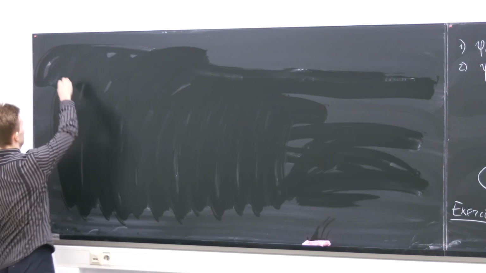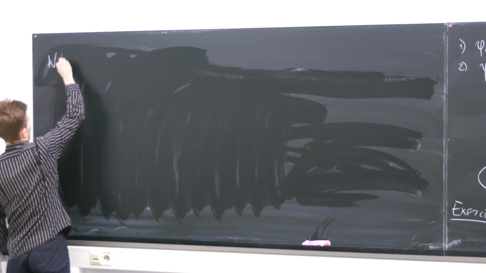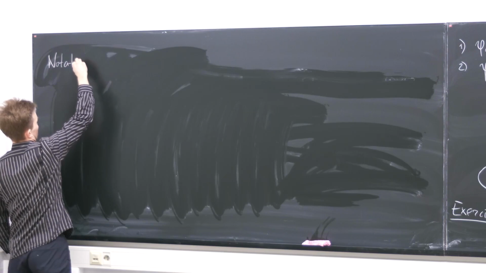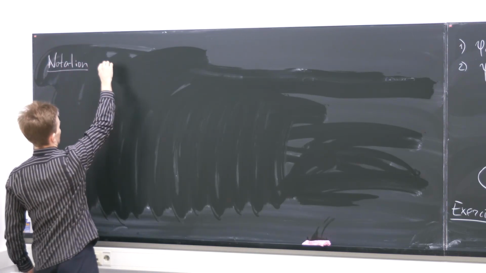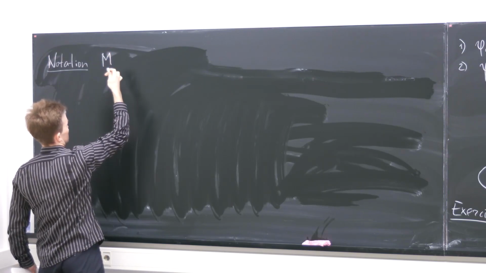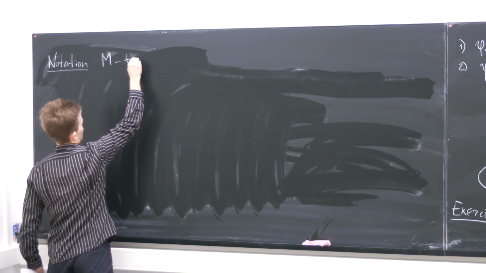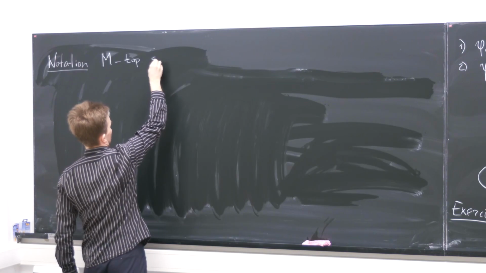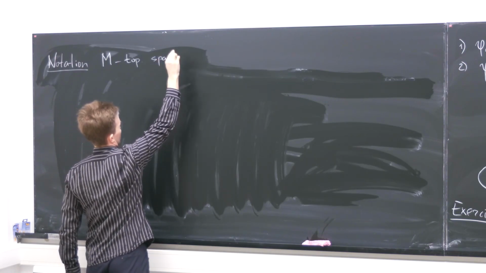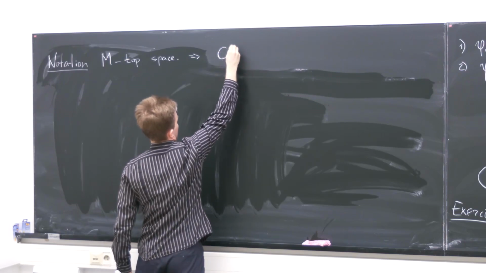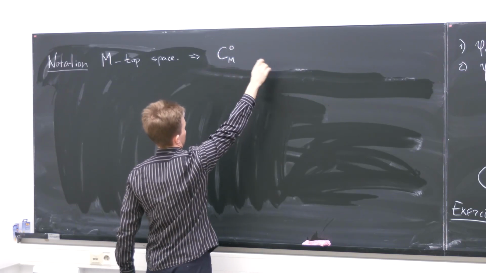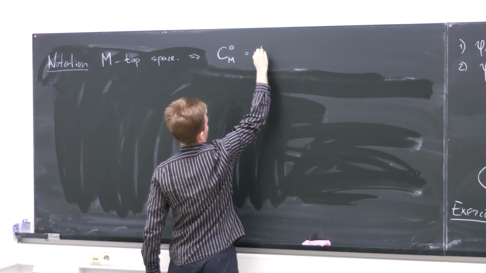So let's denote, for any topological space, let's say M again, M is a topological space, and then we will write C^0_M for the sheaf of continuous functions.